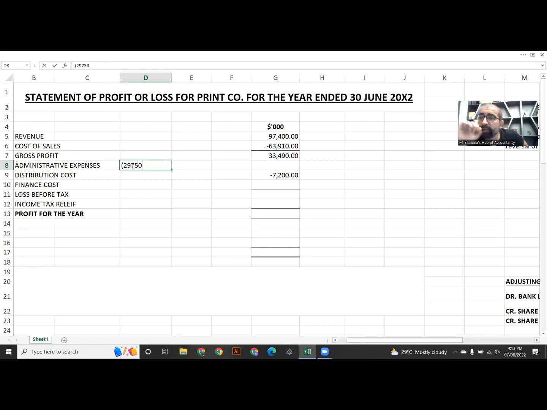Plus, look at here. Remember, there is an onerous contract provision. In the question, in adjustment number 3, it was written clearly that the onerous contract provision will go in admin expenses. It was written very clear.